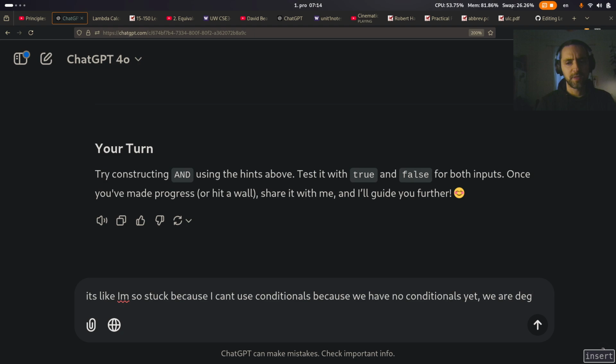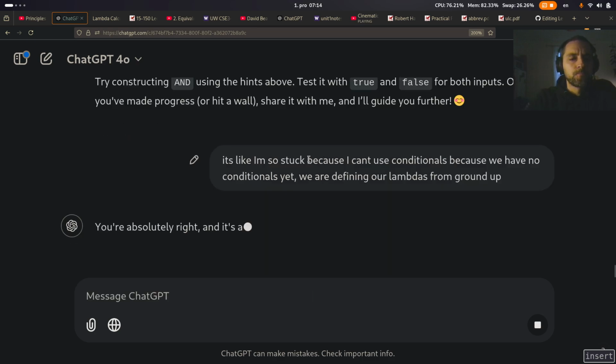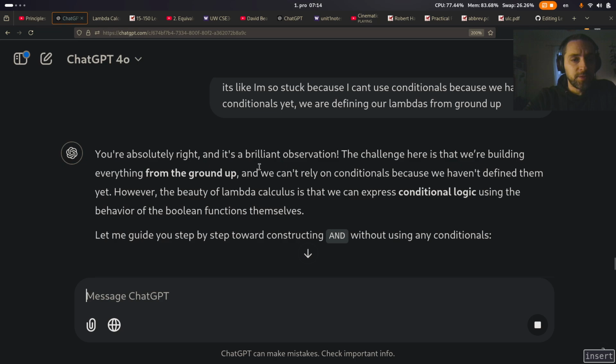We are defining our lambdas from the ground up. The challenge here is that we are building everything from the ground up. We can't rely on conditionals. We have no control flow. We haven't defined them yet.